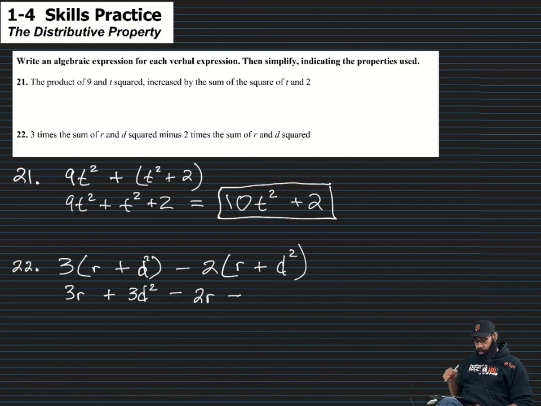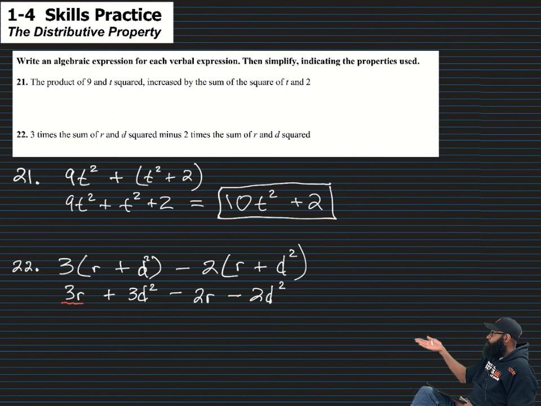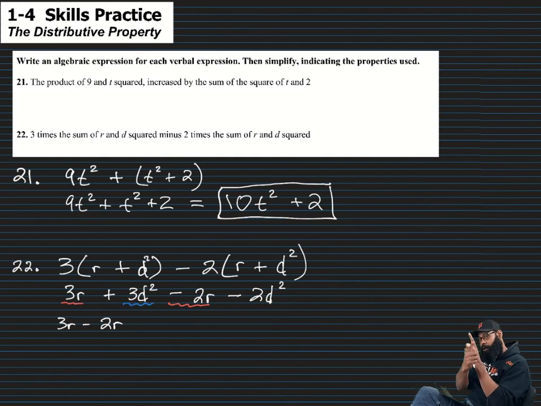You saw the mistakes earlier. We're wrapping up the last one here, number 22. And what's left is I did the distributive property, which is indicating the property. I just didn't write distributive property when I did 3 times r and 3 times d. And now I'm showing the collecting of like terms. And the property that I could use is, remember that? Commutative property, right? Just flipping them around. 2 plus 3, same as 3 plus 2, doesn't matter.